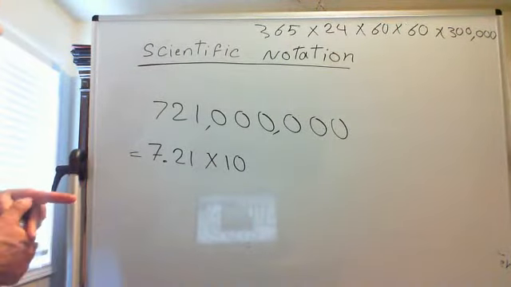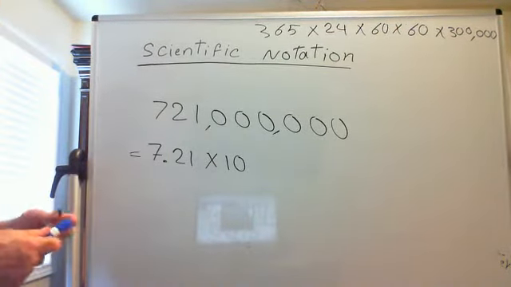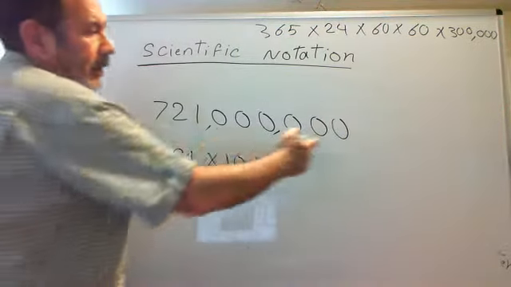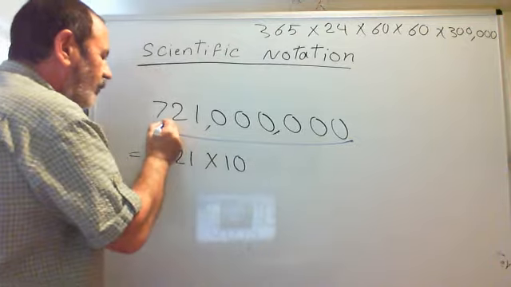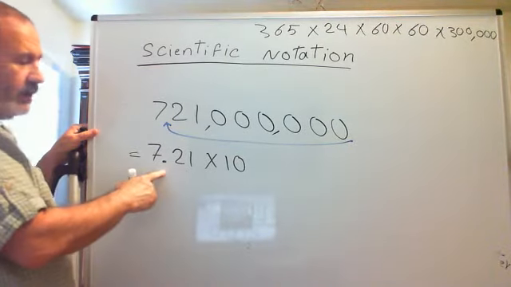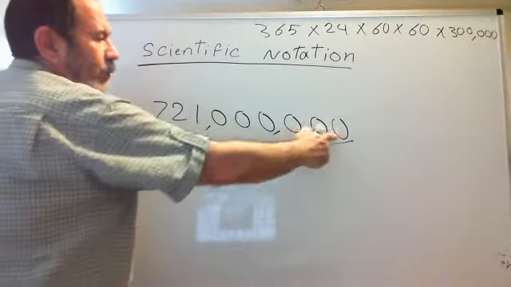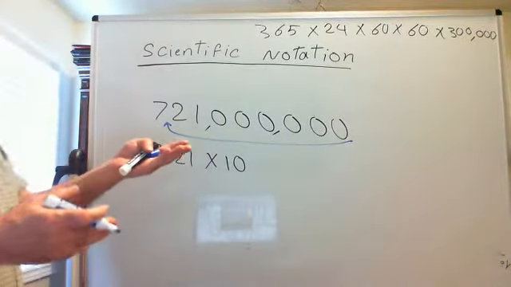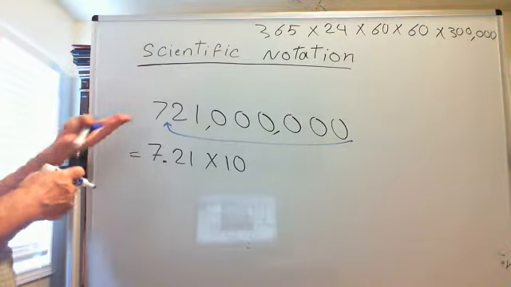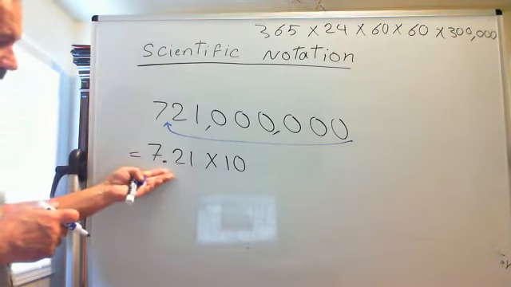So the original number doesn't have a decimal. So it means the decimal is at the end, and I move the decimal to this position in the scientific notation. How many positions? 1, 2, 3, 4, 5, 6, 7, 8. I moved 8 positions to the left and made the number smaller in this case.